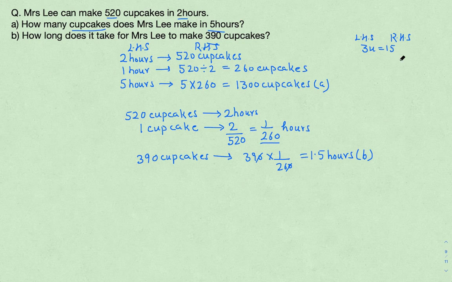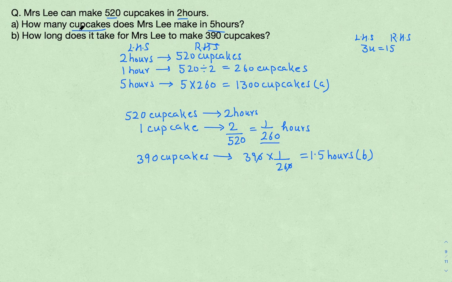So for this equation, 3 unit is on the left hand side and 15 is on the right hand side. So the thing in question, you should put on the right hand side, and the thing which is given should be on the left hand side.